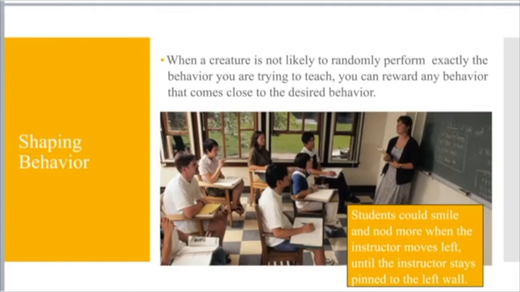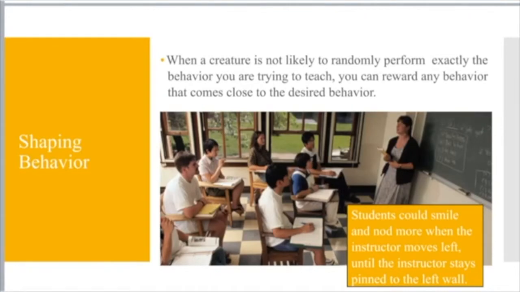Every time they move left and the class smiles and nods, that behavior is reinforced, and therefore they continue to move left. And the myth has it that one psychology class did this unbeknownst to their teacher until their professor actually went out the door and realized what was going on. Now, whether or not that actually happened, I don't know, but it is a good way to illustrate how these reinforcements are actually helpful in shaping behavior, right?